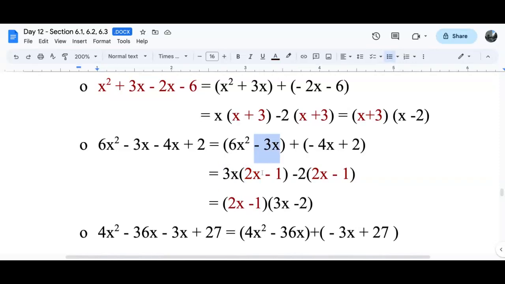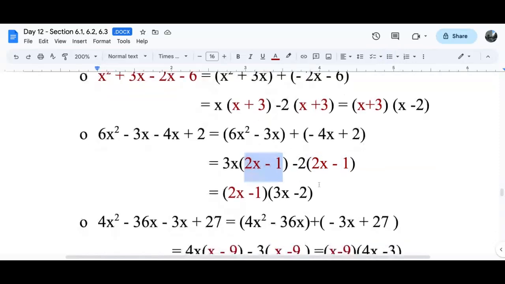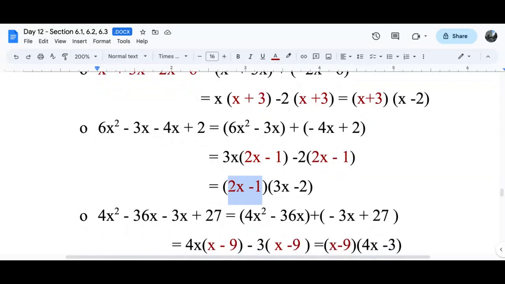Negative 3x divided by 3x, that's negative 1 left. With negative 4x plus 2, you can factor out negative 2. Factor out negative 2, we get 2x minus 1. Now we have a common factor of 2x minus 1 for those two expressions. So we factor out 2x minus 1, and we put 3x minus 2 in another parenthesis.